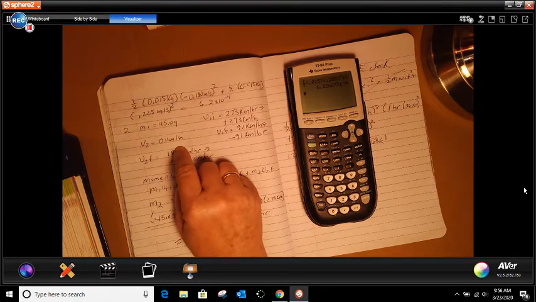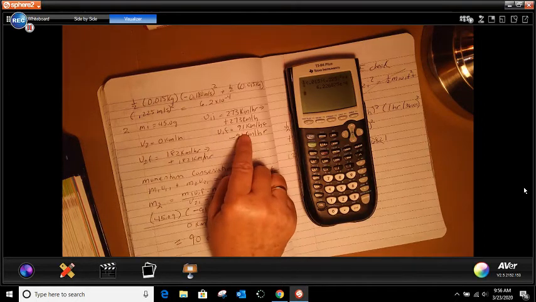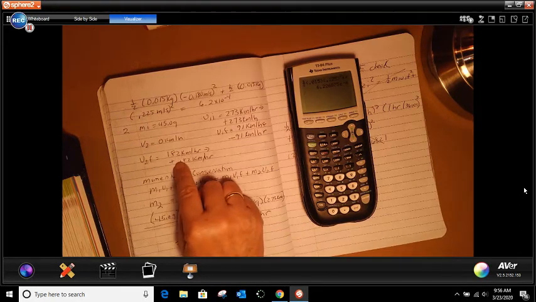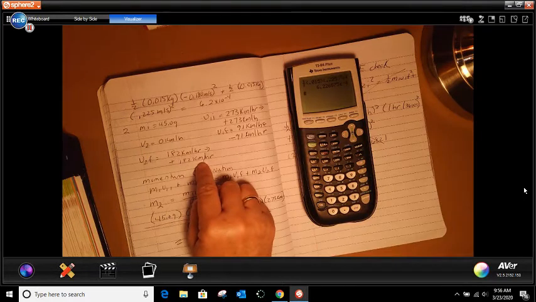Well, my velocity 2 is 0. After the perfect elastic collision, the first ball moves 91 kilometers per hour. Well, he's moving, and it's going to be a negative, right? And to the left, and the second ball moves 182 kilometers per hour to the right, which is positive. What is the mass of the second ball?